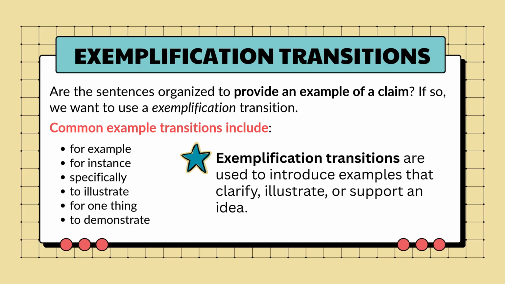Common words include, for example, for instance, specifically, to illustrate, for one thing, and to demonstrate. If the sentence with the blank looks like an example to support a claim being made before it, think exemplification.